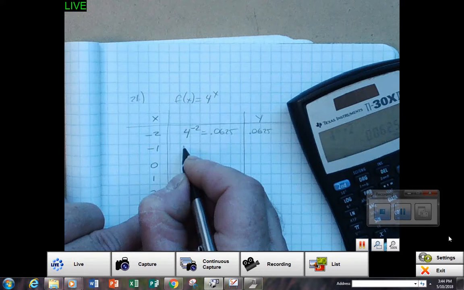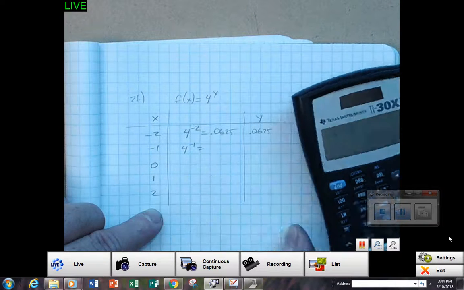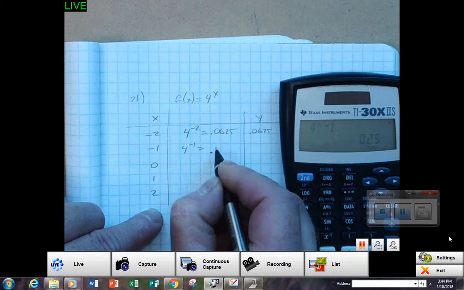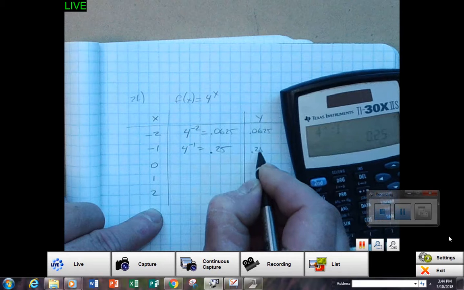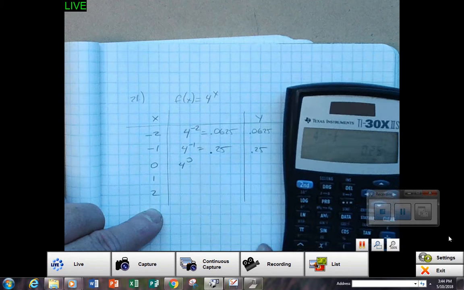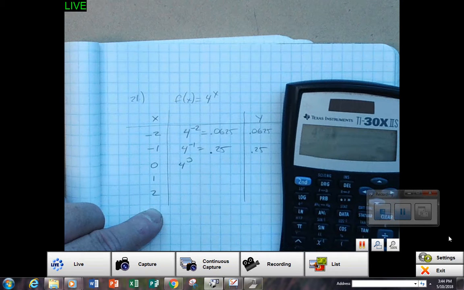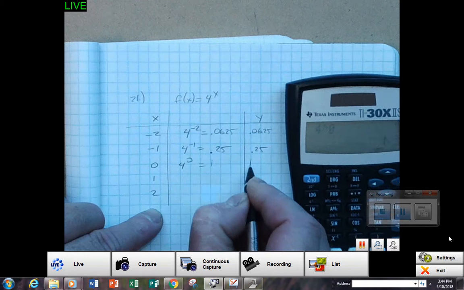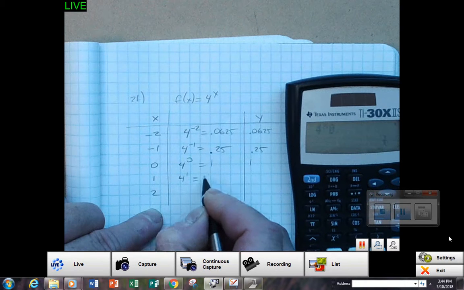When I plug in 4 to the negative 1, that gives me 0.25. 4 to the 0 power is going to be 1. When I plug in 1, it gives me 4.